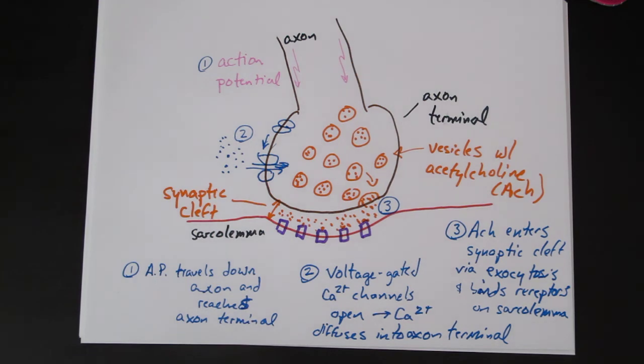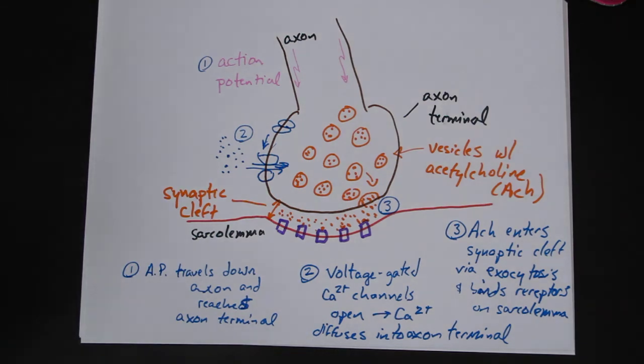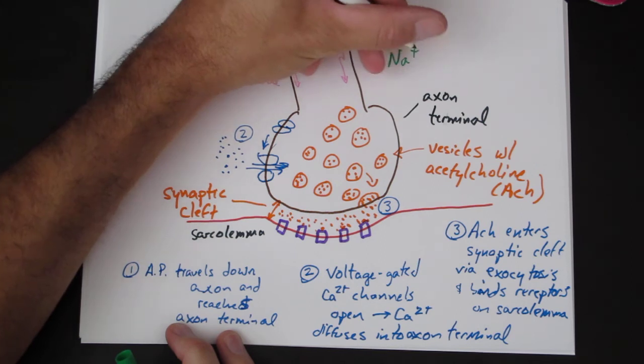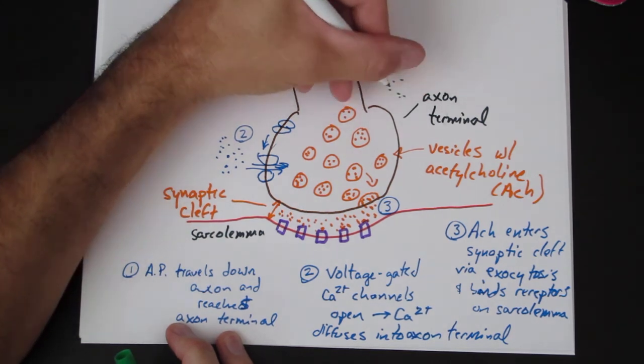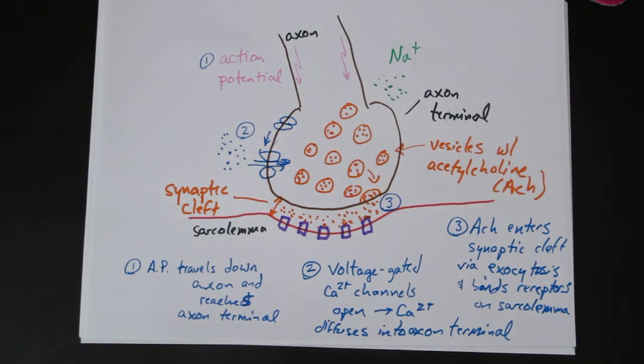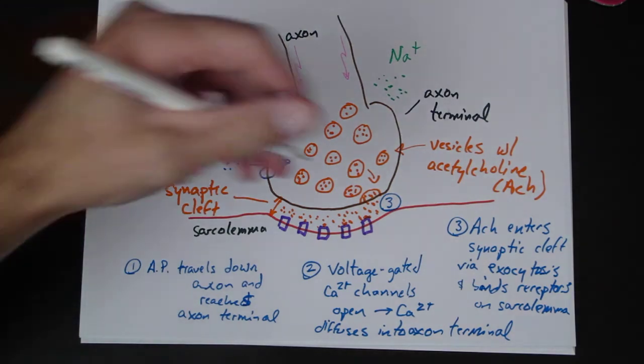Now, we find the majority of our sodium outside of the muscle cell. So sodium is usually floating around out here in the extracellular space. And we find the majority of our potassium inside the muscle cell.